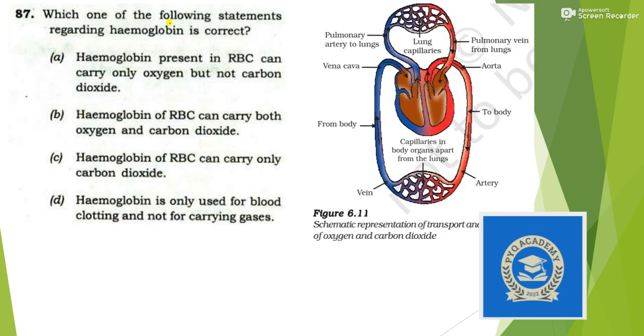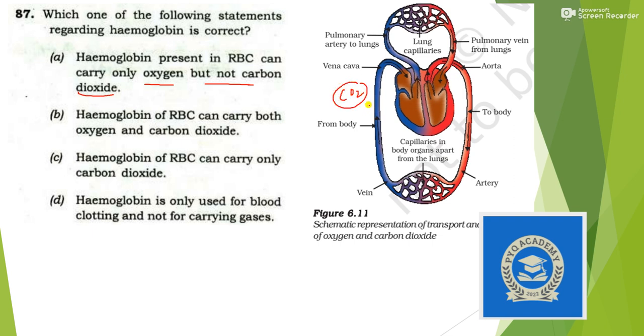Next question, which one of the following statements regarding hemoglobin is correct? Okay, so let's read those statements. First, hemoglobin present in RBC can carry only oxygen but not carbon dioxide. Suppose you don't know, but let's try to think. You can see this image. On the one hand, the oxygenated blood is transported, and on the other hand, deoxygenated blood, that means the blood containing CO2.